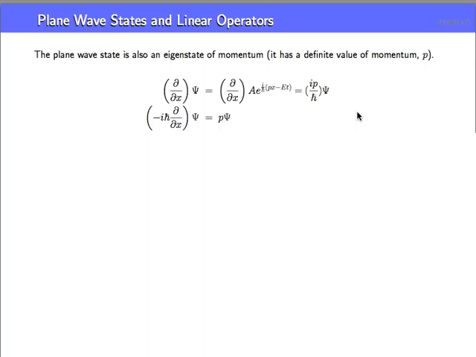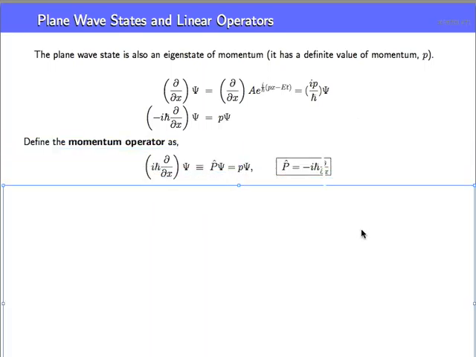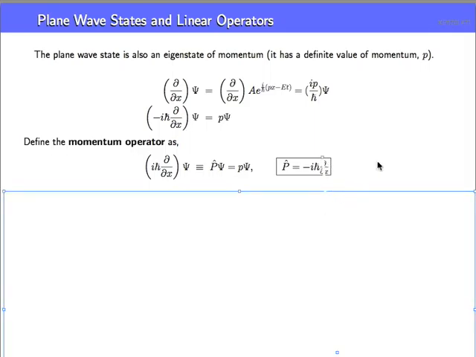So likewise, we define, now here we'll call it the momentum operator. And it's going to be, we'll use capital P, and it's going to be minus iħ partial x. Again, by itself it doesn't have complete meaning, but it will return the momentum if it's an eigenstate of momentum.